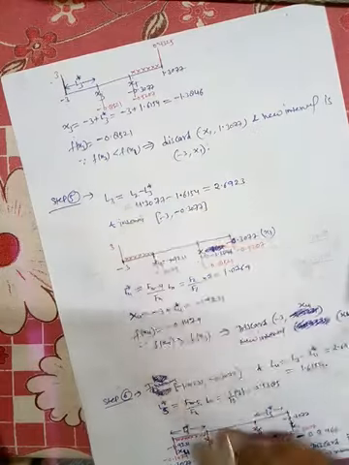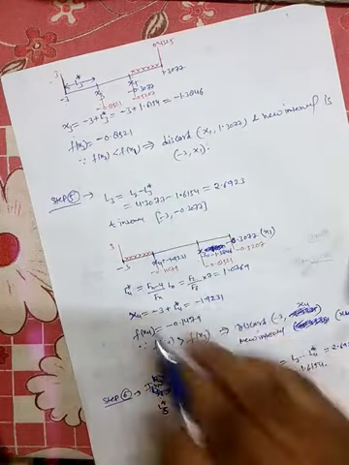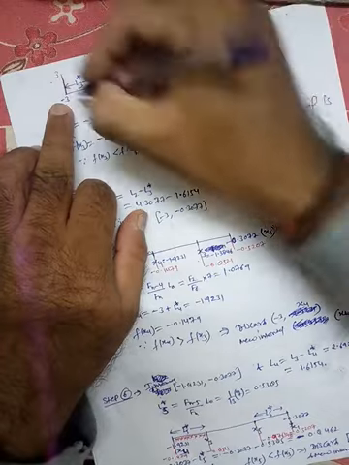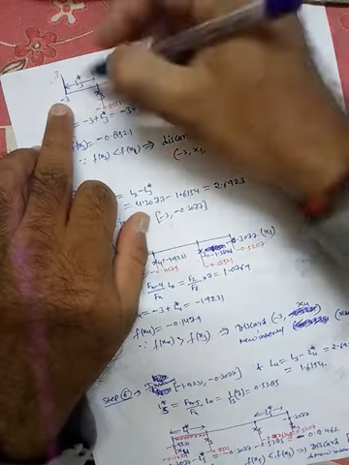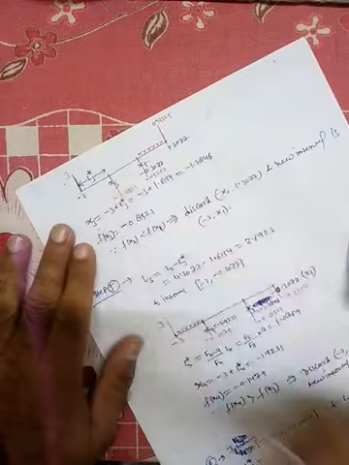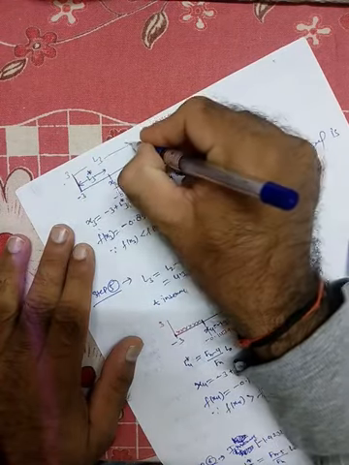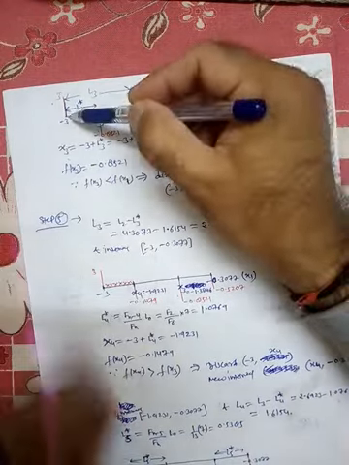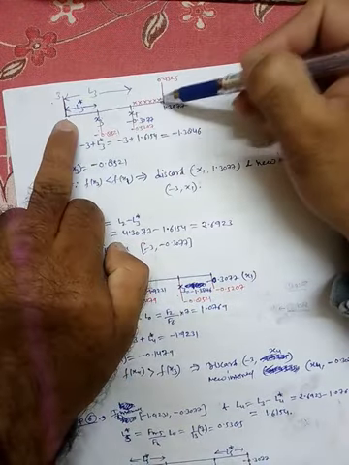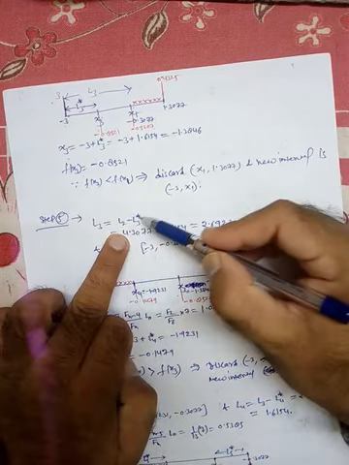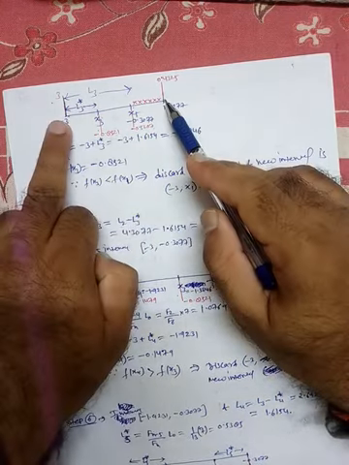Okay, so here what will be L3? L3 कितना distance होगा इसका total? L3 will be, this is L3 from here to here. So L3 will be this L2 minus this distance. So L2 minus L3 star. ये L2 है total यहाँ से यहाँ तक.